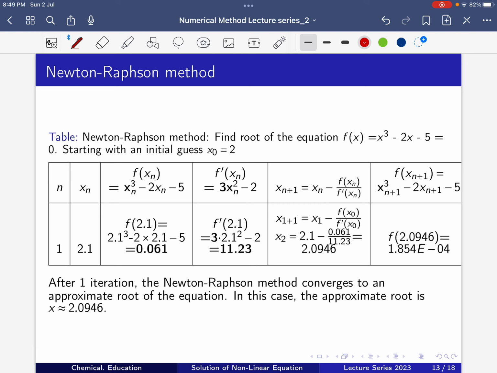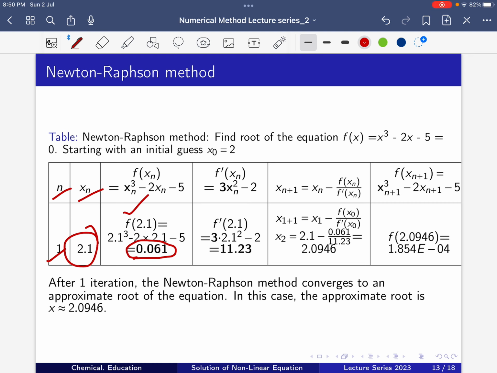In the next iteration, n is equal to 1, so x_n is 2.1, which we got from the previous iteration. At 2.1, the function value is 0.061. Now what will be the f' value at 2.1?